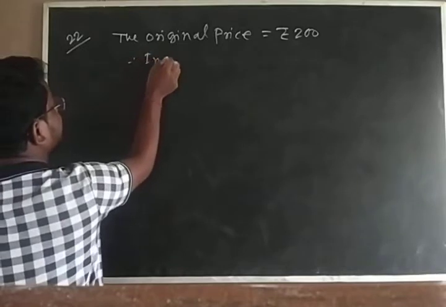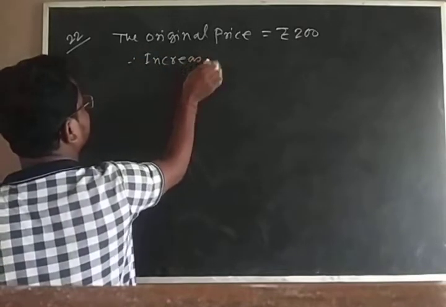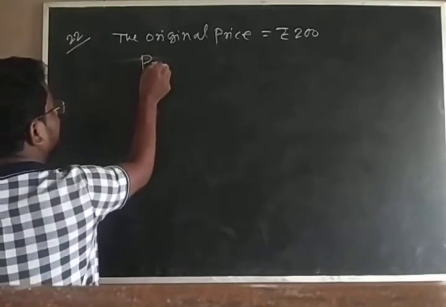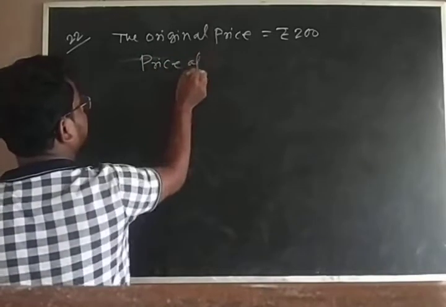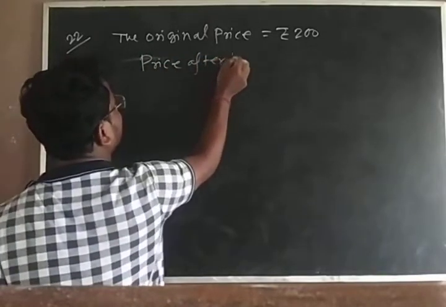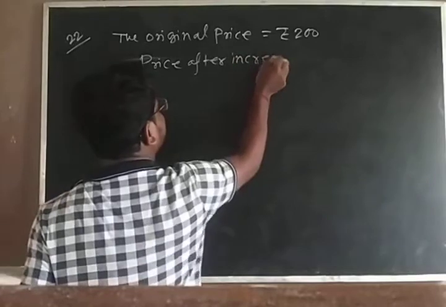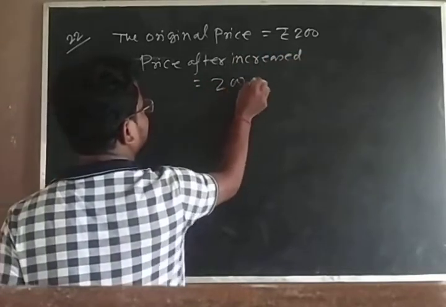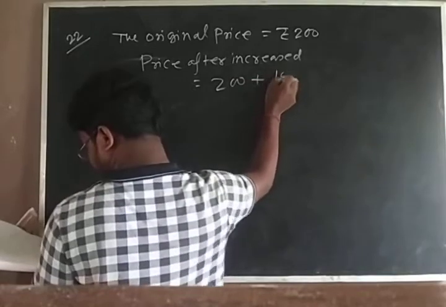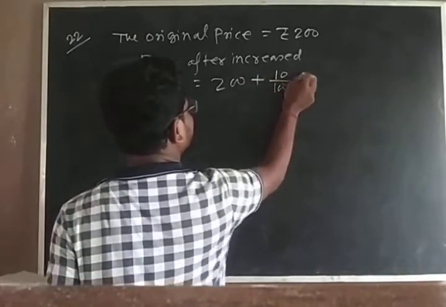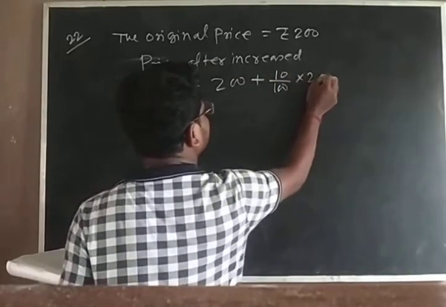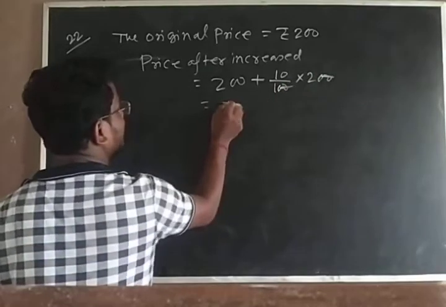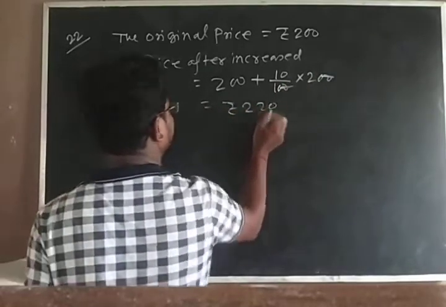Therefore, the price after increase is 200, increase means plus how much? 10% of 200. That is, now the new price will be 220.